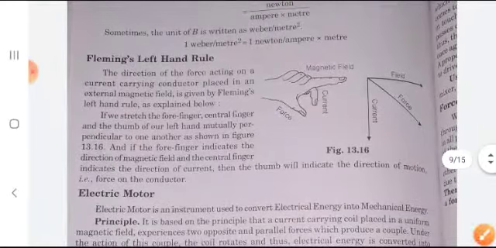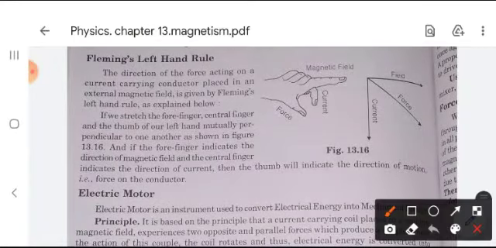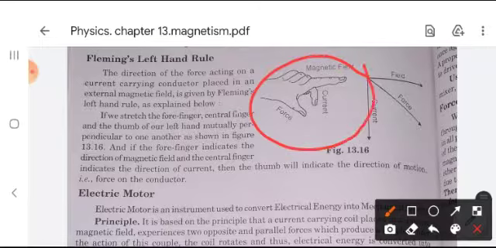This is Fleming's left hand rule, shown here in this diagram. If you look, you have to stretch three fingers of the left hand, that is the forefinger, the middle finger, and the thumb. All three are stretched perpendicular to each other.